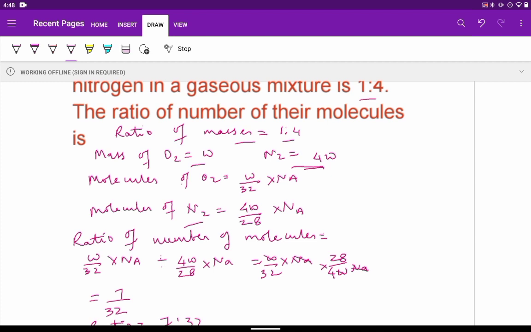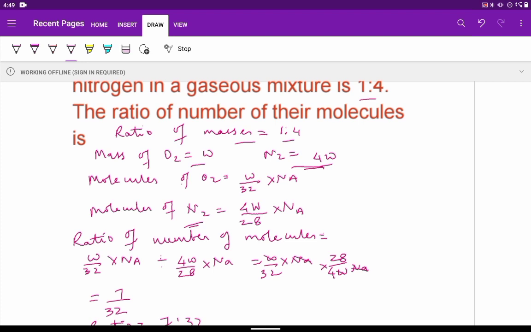For the number of molecules of N2, we divide 4W by 28, the molecular mass of nitrogen, and multiply by Avogadro number. Because when we do 4W by 28 you get the number of moles, then multiply by the Avogadro number to get the total number of molecules.